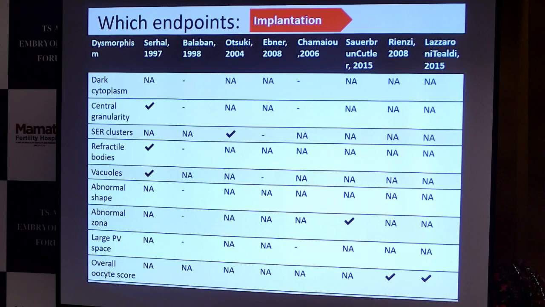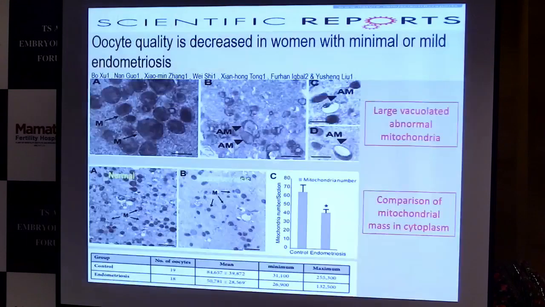With implantation, the overall oocyte score plays a big role. And of course, the refractile bodies, SER, central granularity. So you can see that there are some common dysmorphisms that are alarming and should be removed in culture, because they play a role in fertilization, blastocyst formation, as well as implantation.